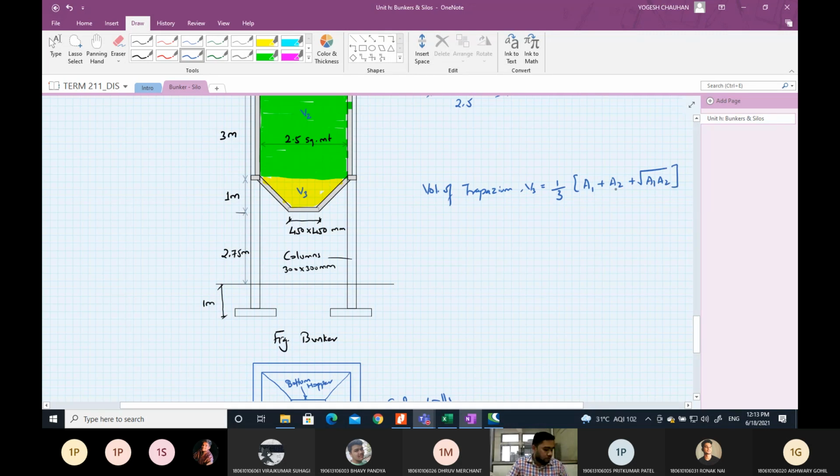That will be the volume of this trapezium.